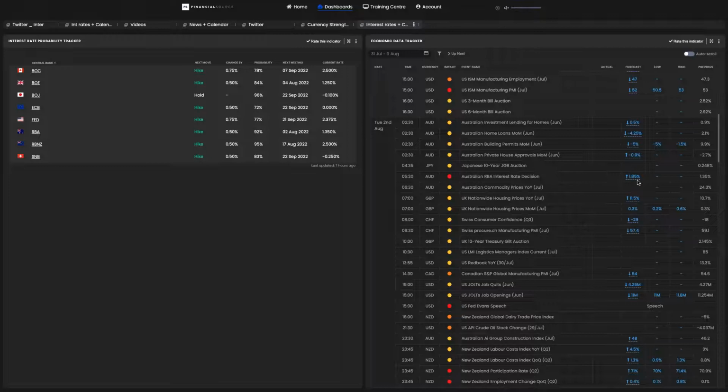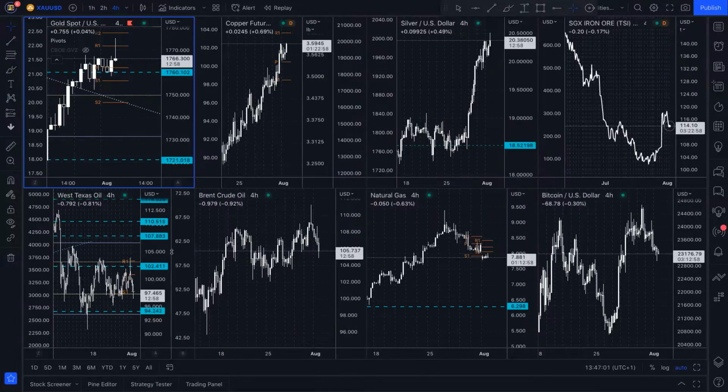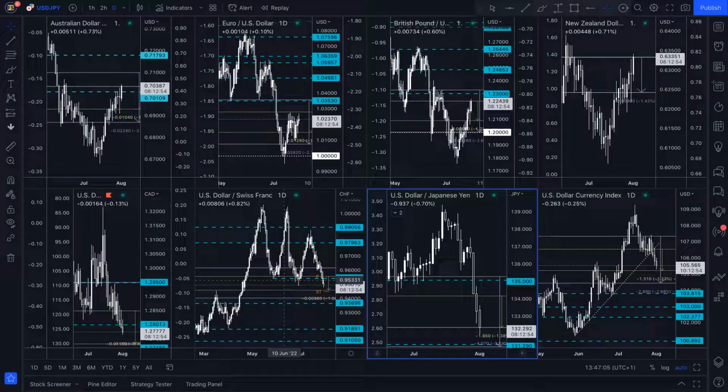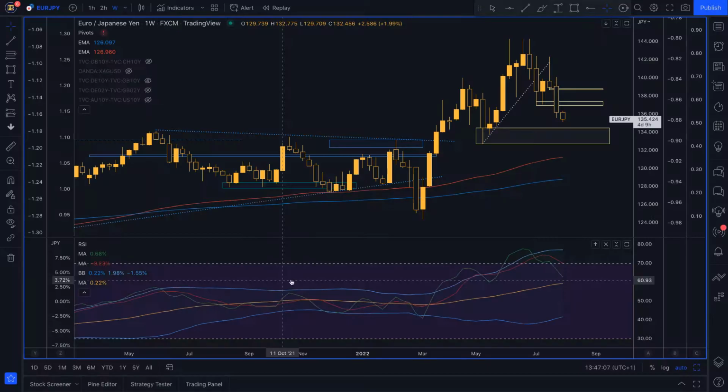If they hike by 25 basis points, then you would expect some downside in the Aussie. If they start slowing growth, that will be the best opportunity, and I'd look at shorting the Aussie New Zealand dollar pair. When you're trading the difference in RBA and RBNZ interest rates, the Aussie New Zealand dollar pair is your go-to pair, okay?